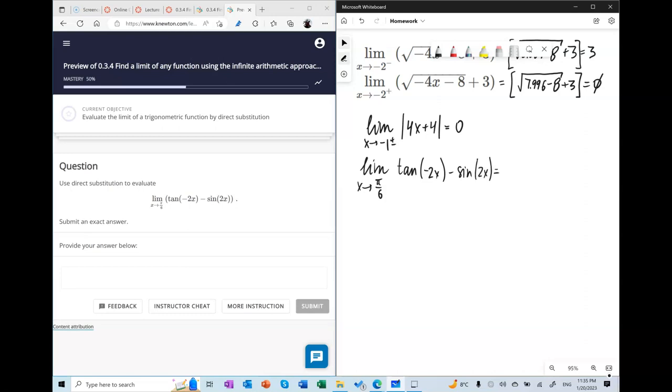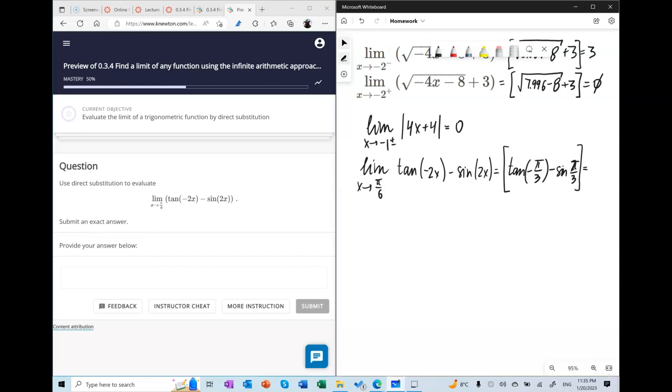And in this case, we have pi over 6, so we have tangent of -pi over 3 minus sine of pi over 3. And that seems to be a well-defined expression.